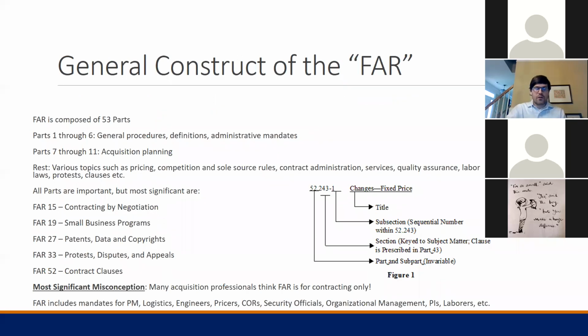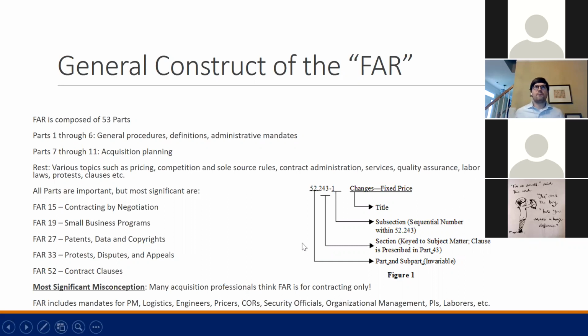Okay, so the general construct of the FAR itself: when you see a clause here, it's broken out into parts, subparts, sections, and subsections, and then the title of the clause itself.